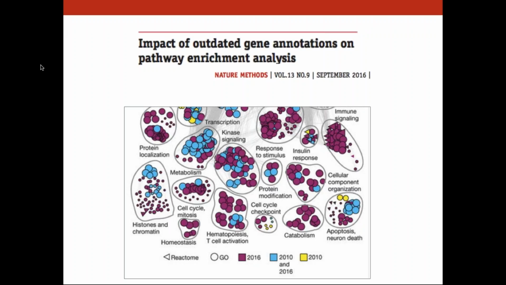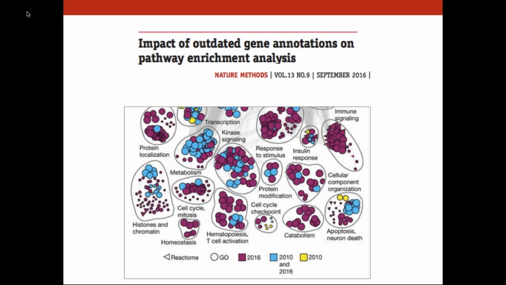And what they've shown here is they looked at a number of different articles, and they took annotations from 2010 and 2016 and checked from these different data sets which terms were most enriched. And so the purple dots are 2016, yellow dots are 2010, and blue dots are the ones that are found in both.